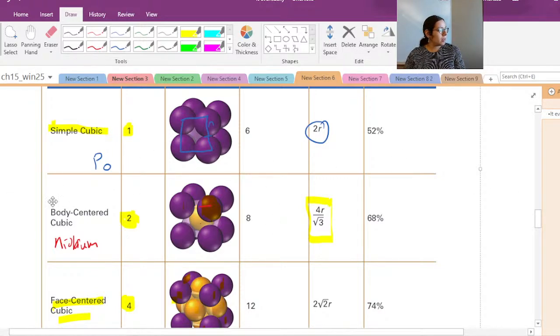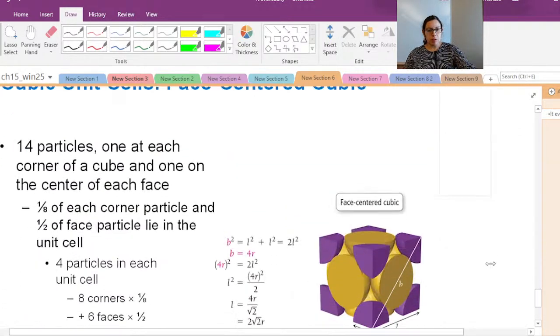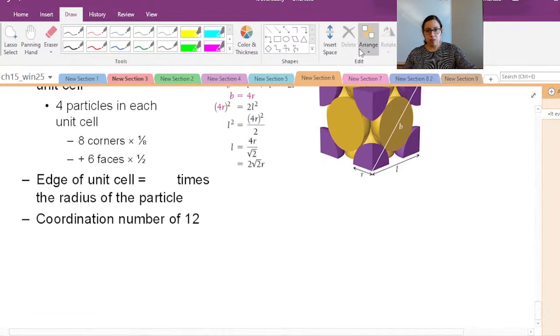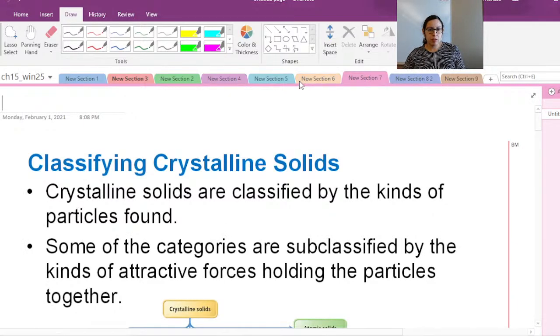All right, let's try a math problem. Oh, sorry, not yet. Did I not put the math problem in here? Sorry. Where did that problem go?